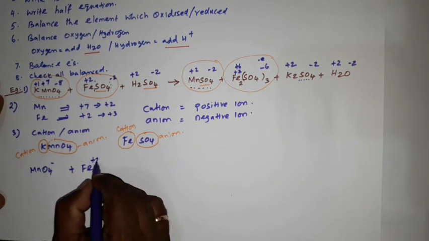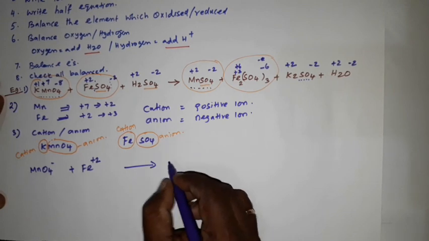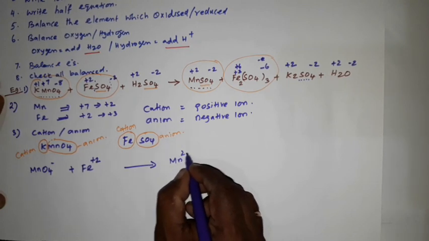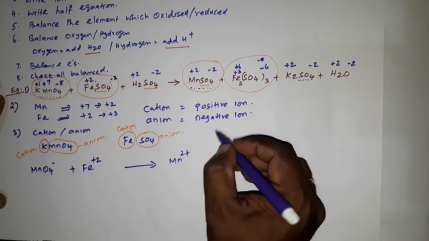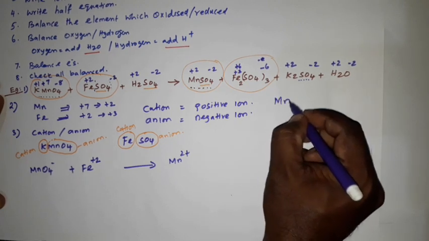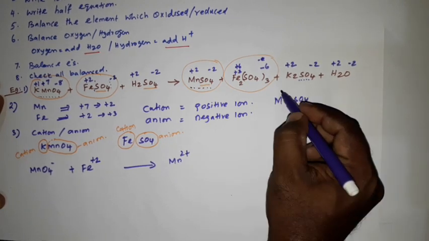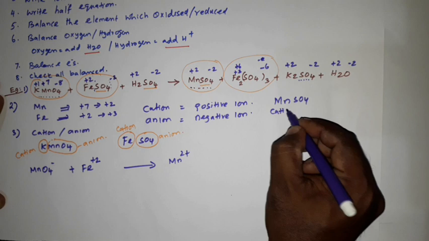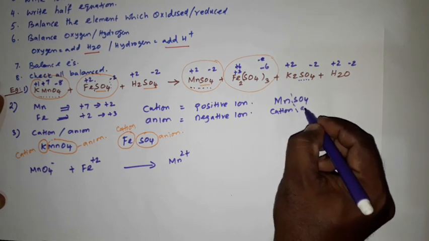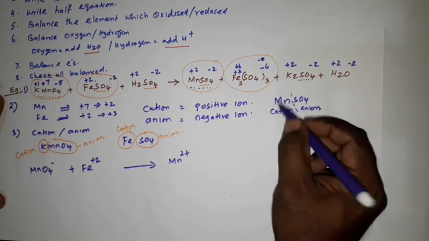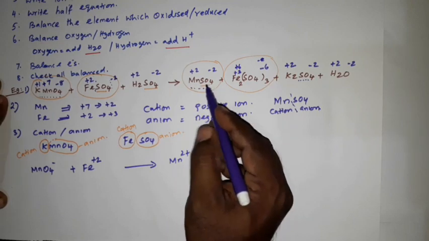So Fe2 plus gives Mn2 plus, because here in MnSO4 this is the cation and this is the anion, so the cation shows the change in oxidation number.